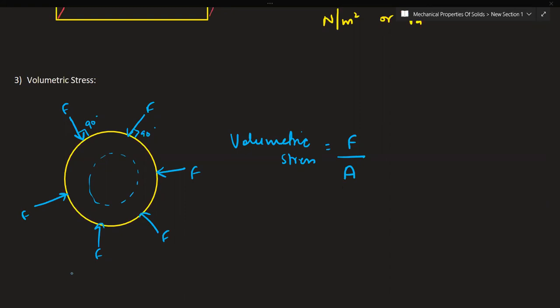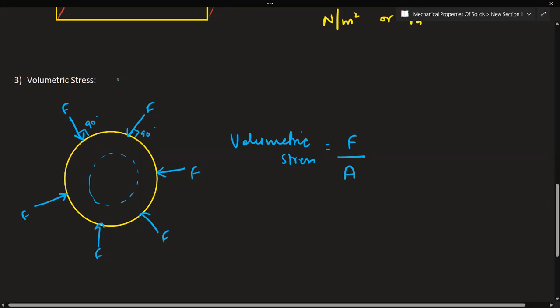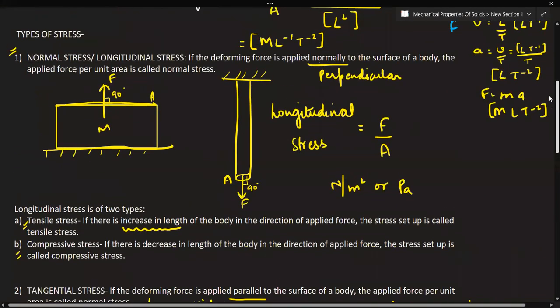What would be the definition of volumetric stress? Volumetric stress is the same: the force applied per unit area. Here the force is actually perpendicular, as we discussed in the case of normal stress.